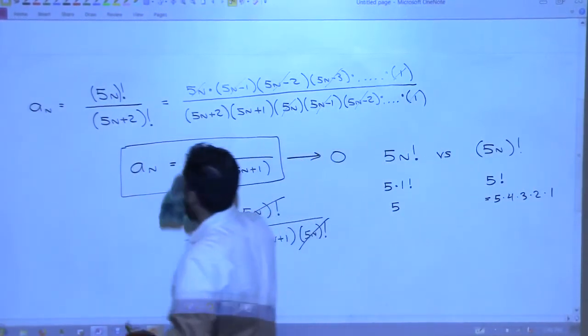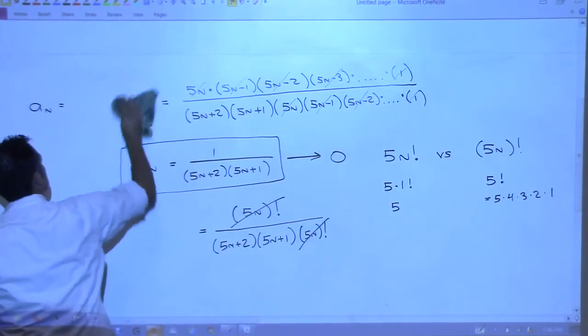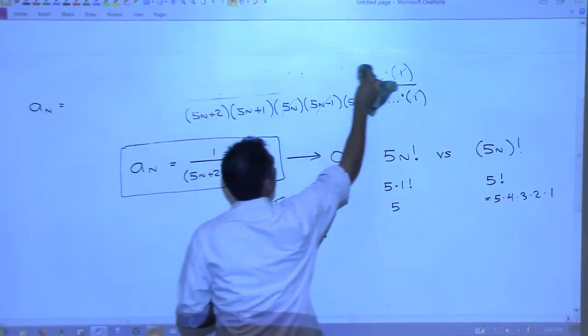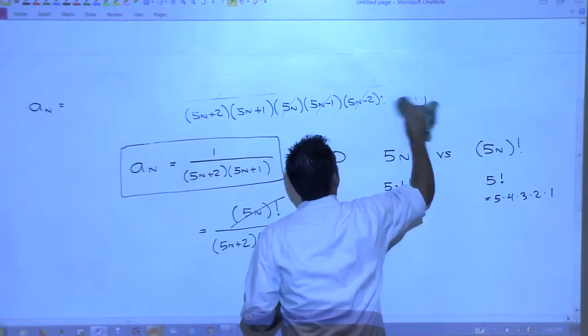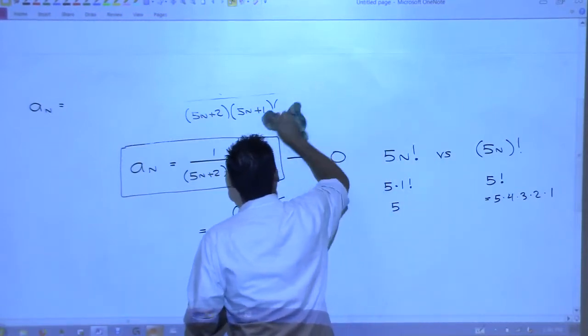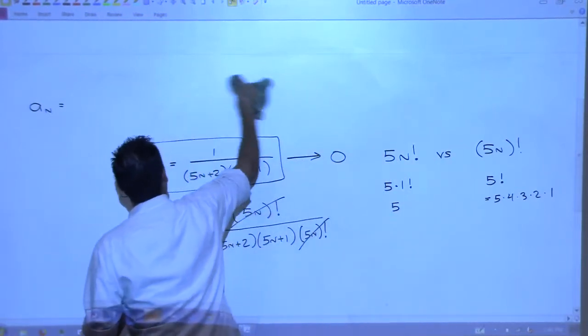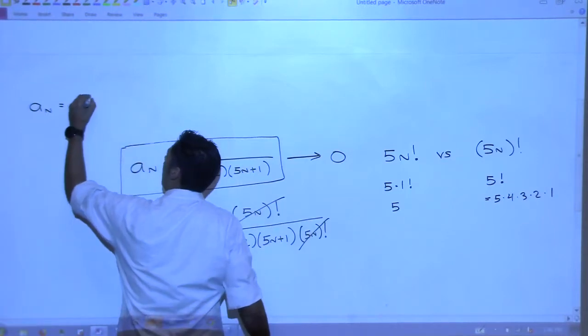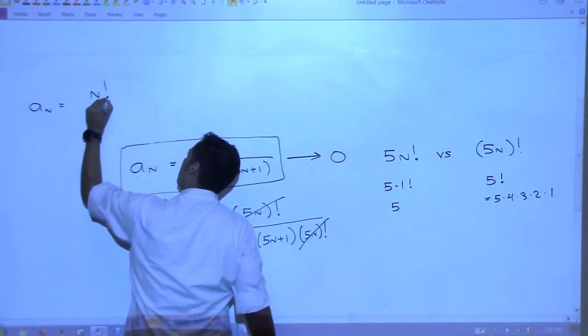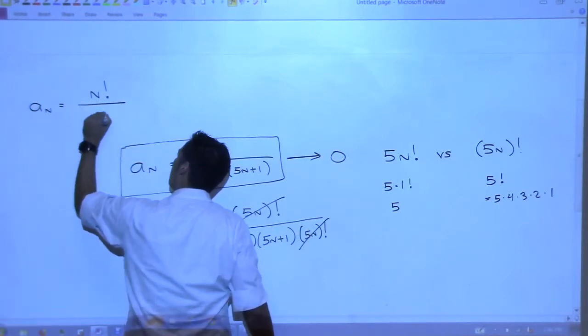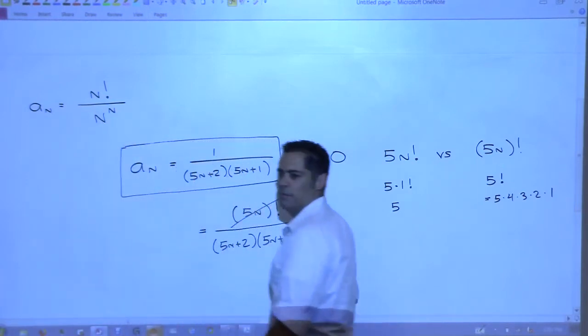How about this one? How about n factorial over n to the n?